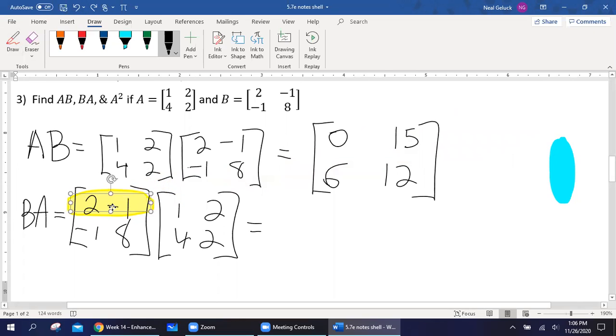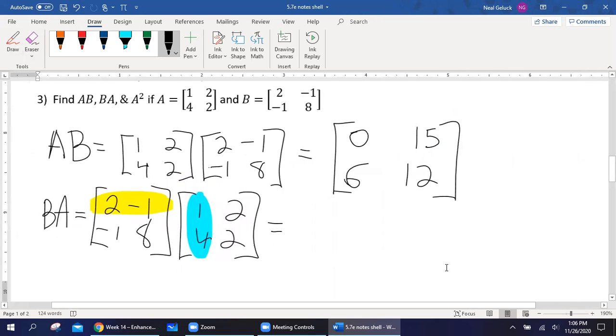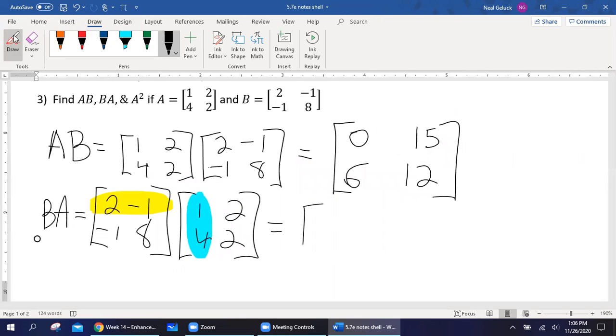I start in row 1. For the second matrix, I only use columns. I start with column 1. So row 1, first number, 2 times 1, 2, plus -1 times 4, -4. That's going to give me -2.